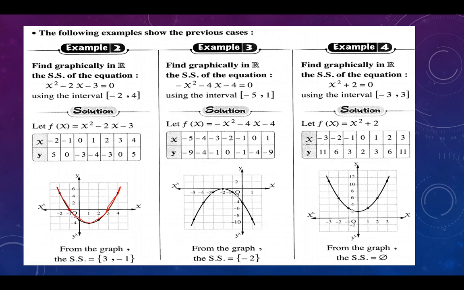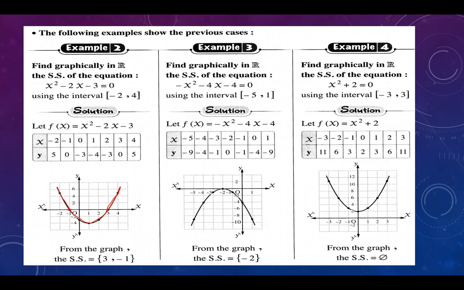Again, another example. Find graphically in R the solution set of the equation -x² - 4x - 4 = 0 using the interval from -5 to 1. By using your calculator, mode 7, start -5, end 1, step 1.